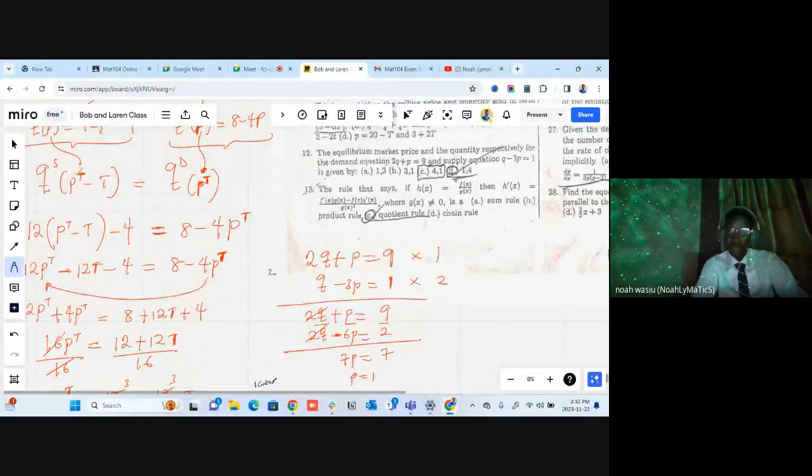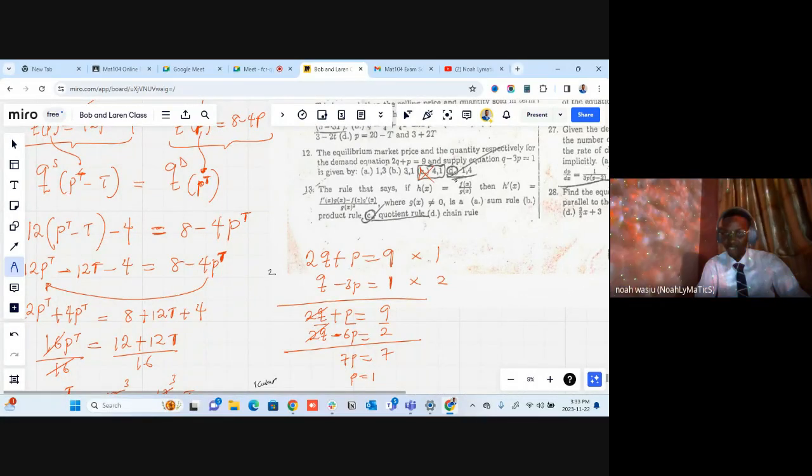For this question, I got my price to be 1. Can you see that option D, option C is not correct though, because my price is not 4? Price first, then quantity follows. So you have to read the statement clearly: the equilibrium price and quantity respectively. The first answer you got is for price, that means price is 1.